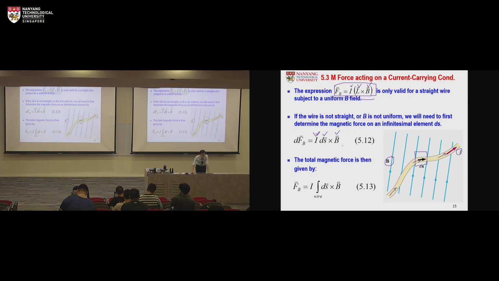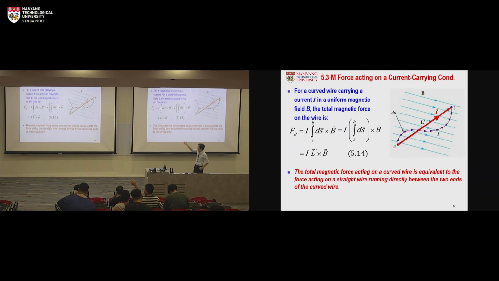Then for this ds section, we can apply it directly. And from the ds section to this entire wire, physically you just need to do this integration, and the result should be the total force on this entire wire, right?